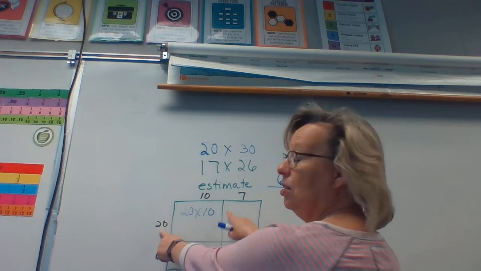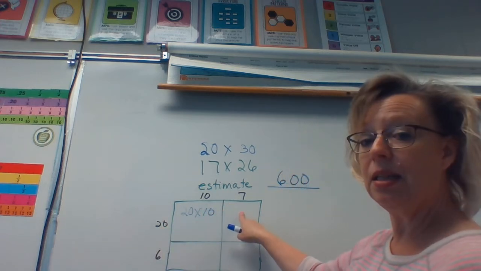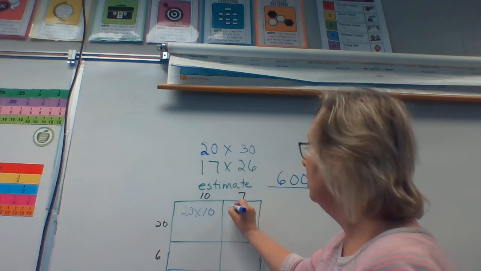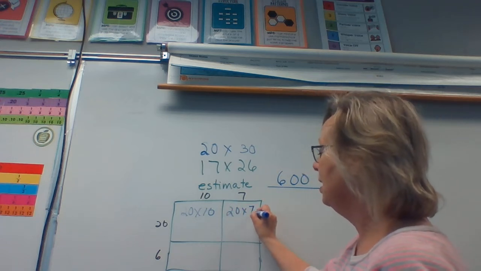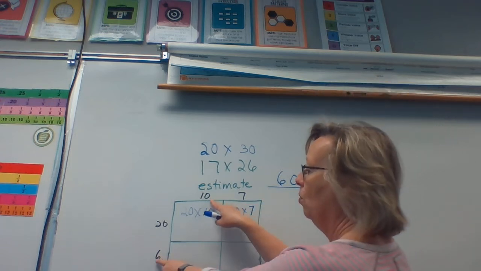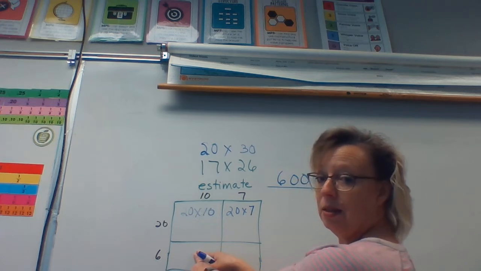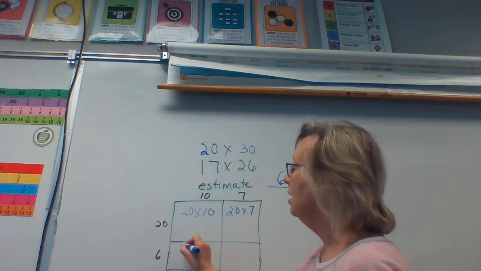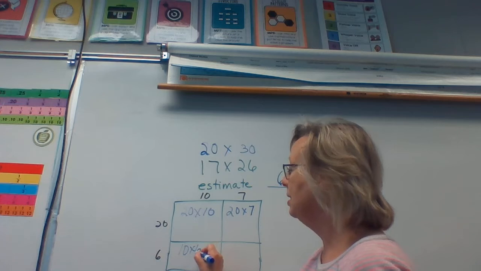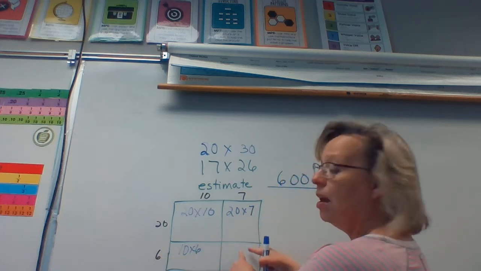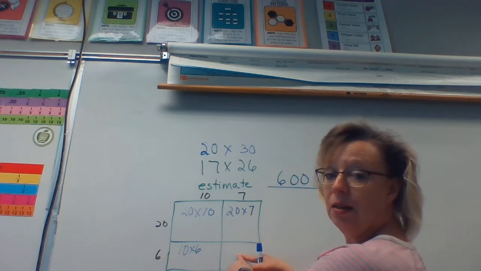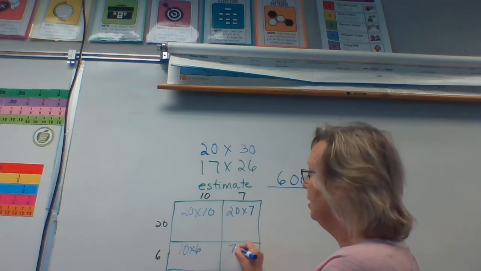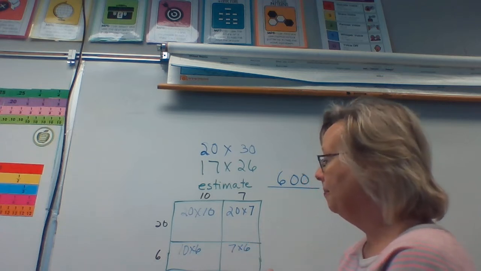Then this line is 20 still, so this box is 20 times 7. Think a moment, what's going to go in this box? The equation of 10 times 6. And last of all, I have a partial product right here of 7 times 6.